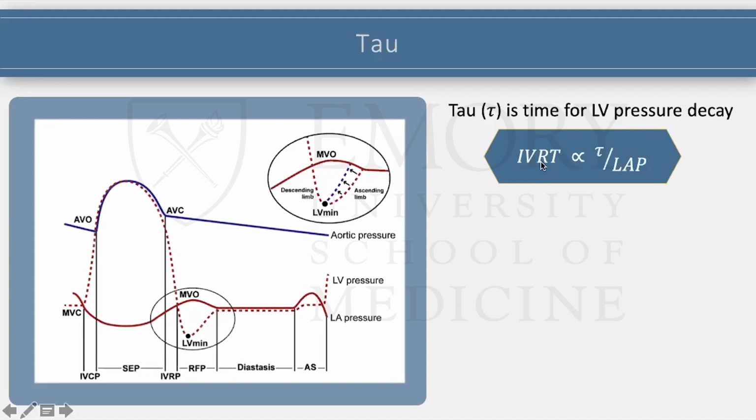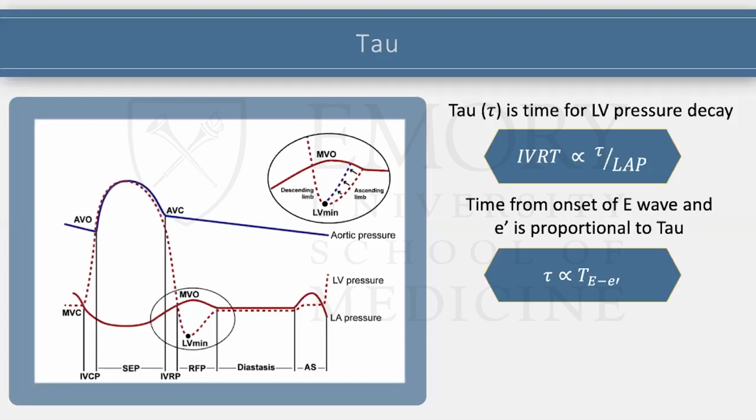So one thing that we do is we measure the isovolumic relaxation time, and we can say that as your tau increases, the time for isovolumic relaxation should lengthen as well. I think that hopefully is somewhat intuitive. As the LA pressure increases, this will decrease because you'll open your mitral valve earlier, which is going to shorten your isovolumic relaxation time.